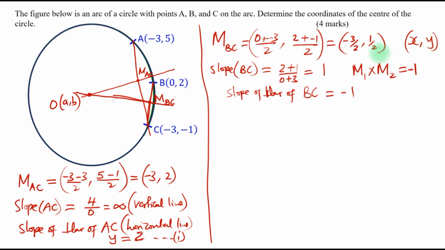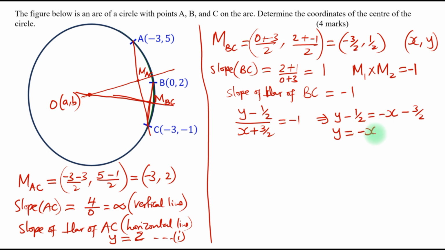So we get the equation: change in y, y minus a half, all over x minus minus, so plus 3 over 2, will be equal to minus 1. This implies that y minus a half will be equal to minus x minus 3 over 2. Therefore y is equal to minus x, minus 3 over 2 plus a half, that will be minus 1. So this is another equation.